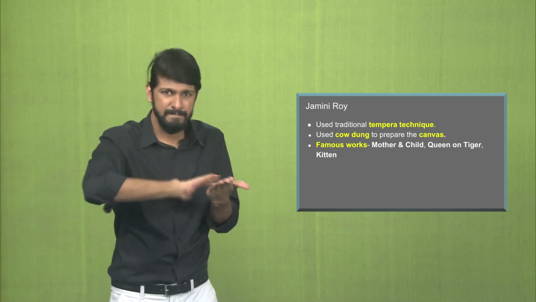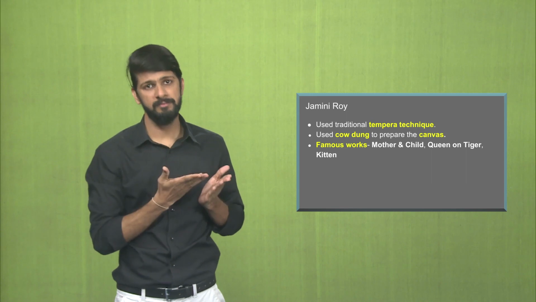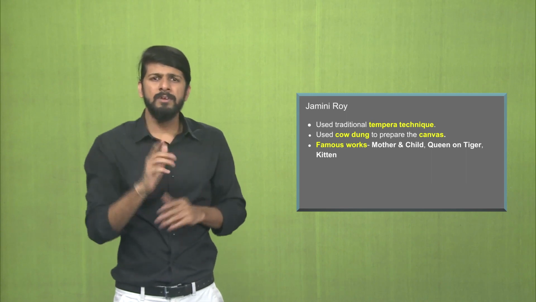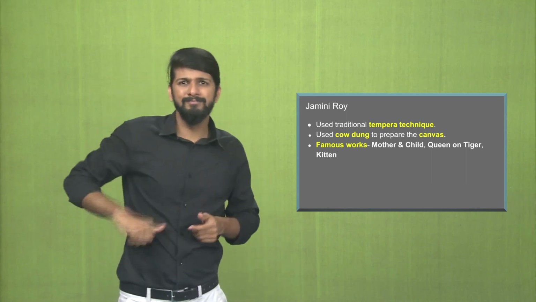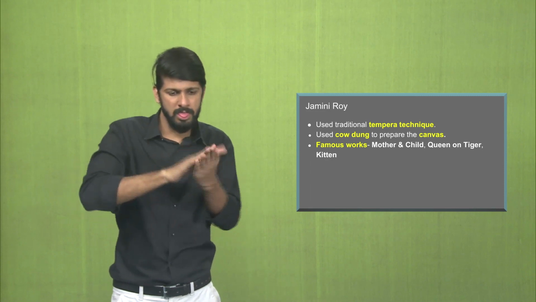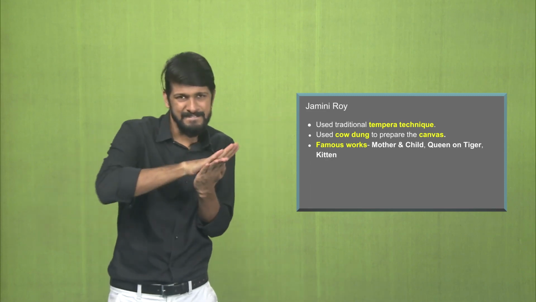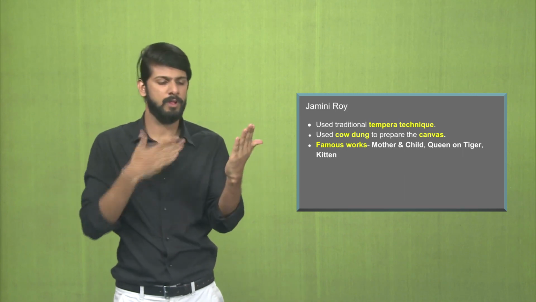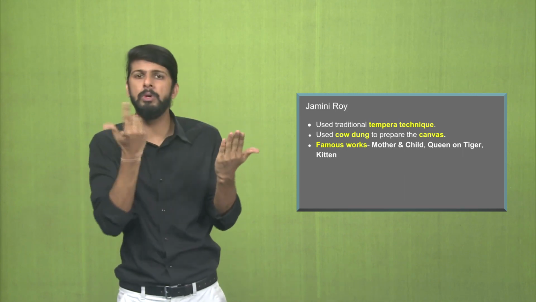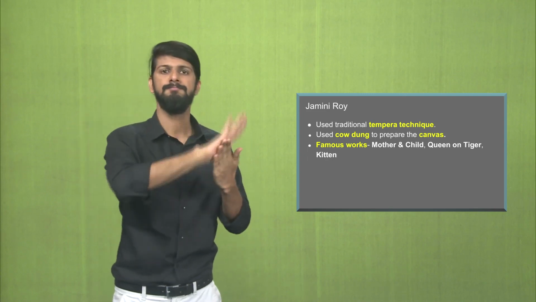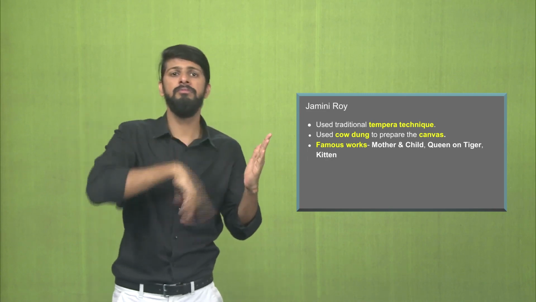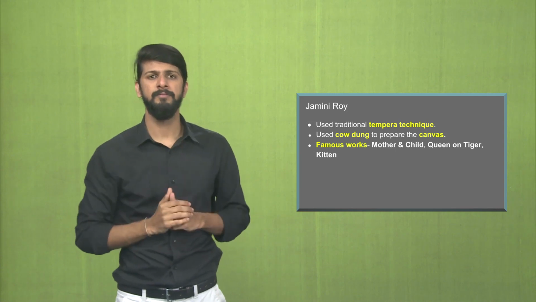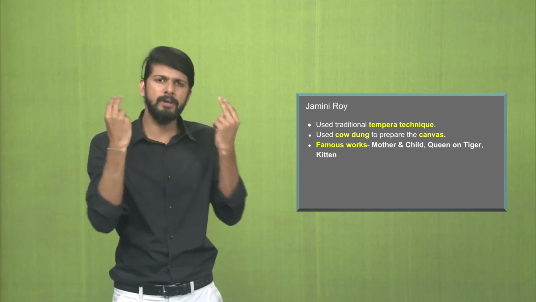Since then, this traditional technique has still been used, and Abanindranath Tagore also used it. He also used cow dung to prepare the canvas. Perhaps the cow dung was used to ensure that the colors would not seep through the pores of the canvas.